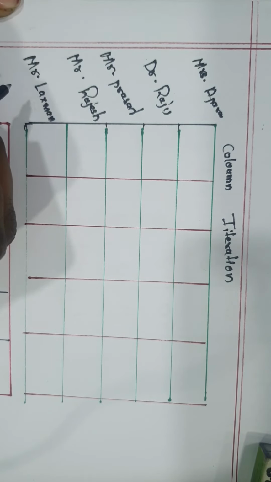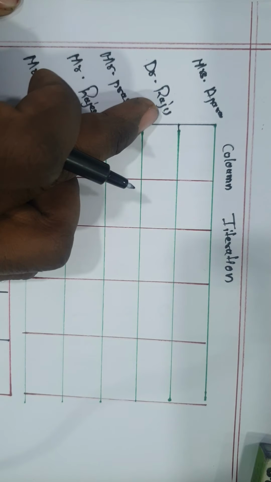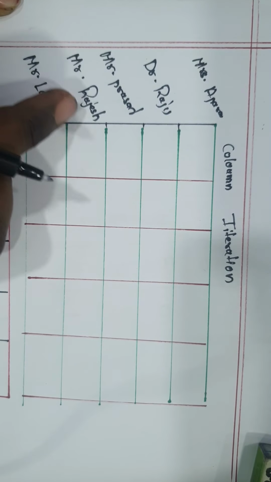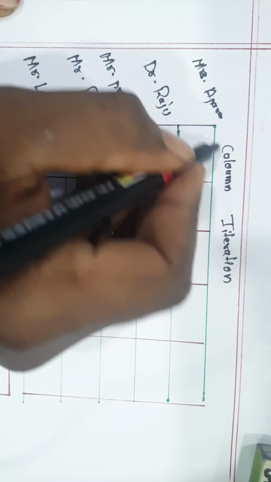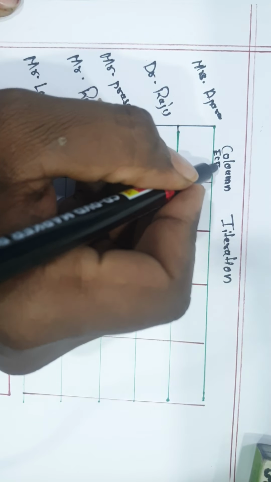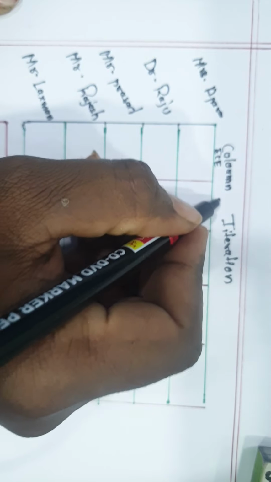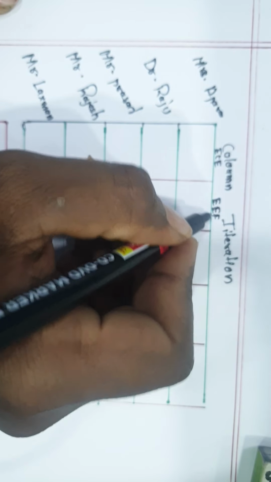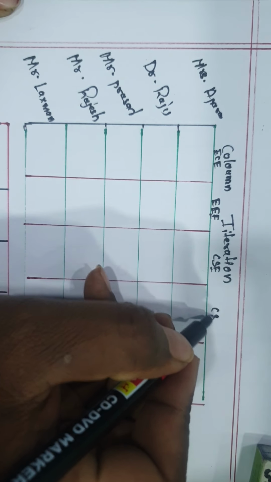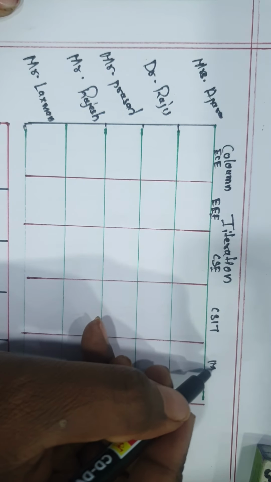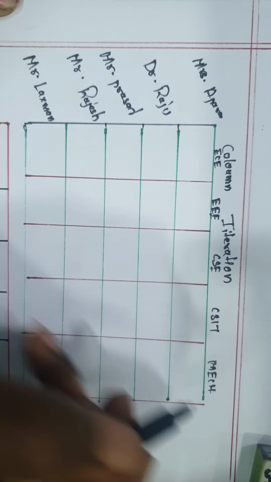After that, what you have to do? Mr. Aparna, Mr. Raju, Mr. Prasad, Mr. Rajesh, Mr. Lakshman. Here, which branch is it? ECE. First one is ECE, second one is EEE, next one is CSC, next one is CSIT, next one is mechanical.